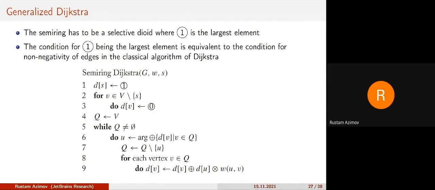Our structure must be a semiring, a selective dioid with the largest element natural by multiplication, and the condition for this element being the largest element is equivalent to the condition for non-negativity of edges in the classical algorithm of Dijkstra.